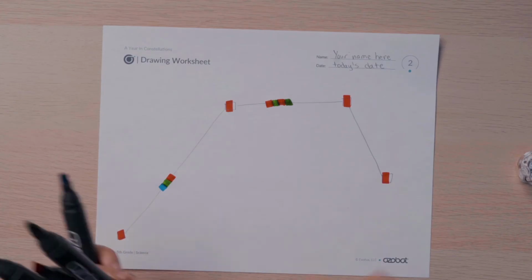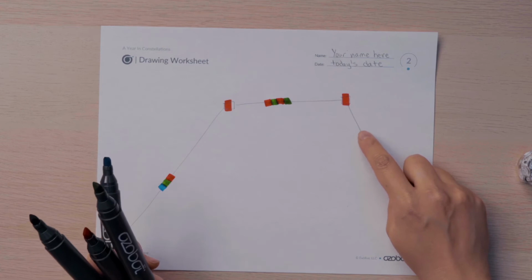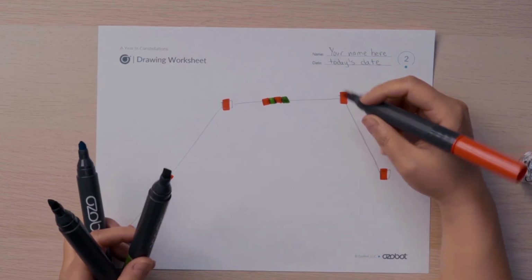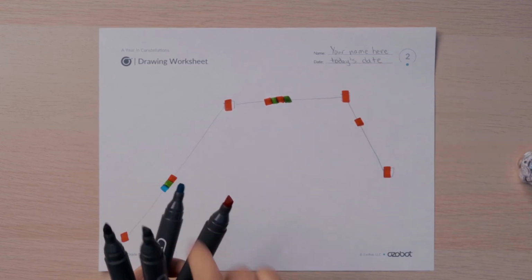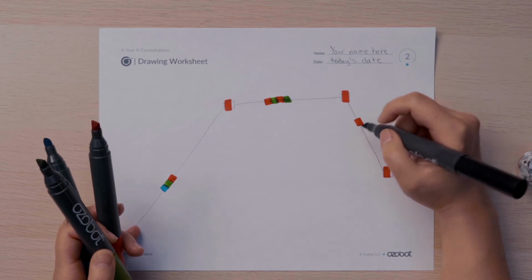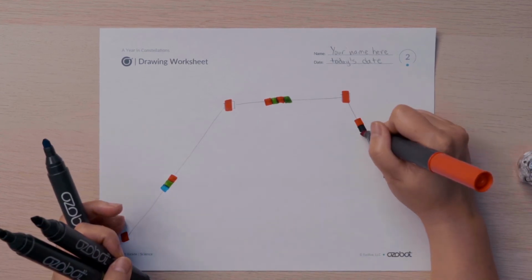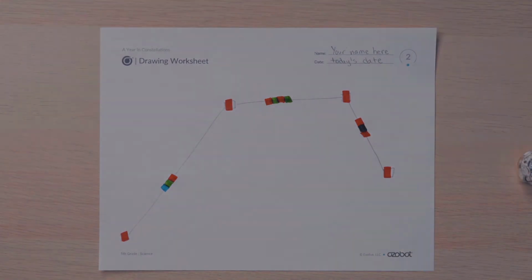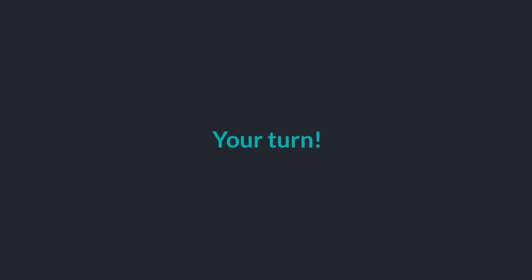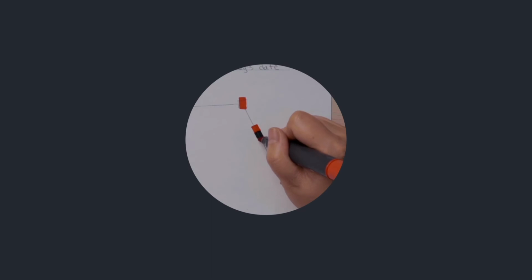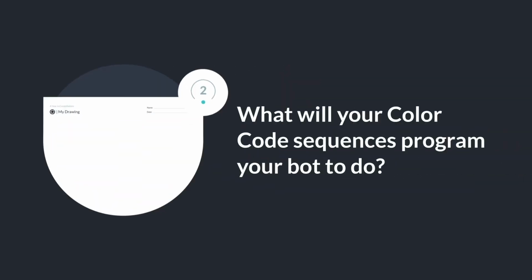And last, I will put a slow code right here, which is red, black, and red. What will your color code sequences program your bot to do?